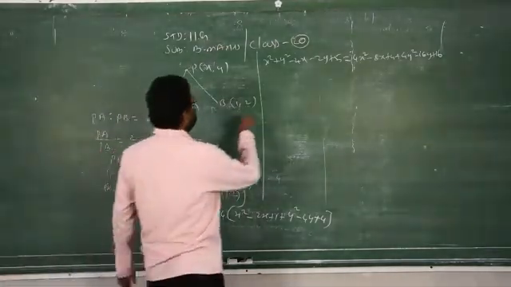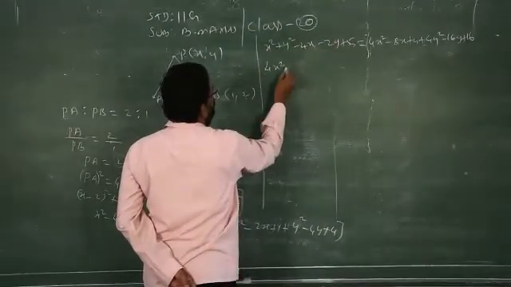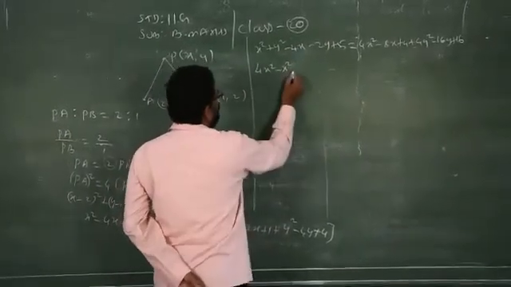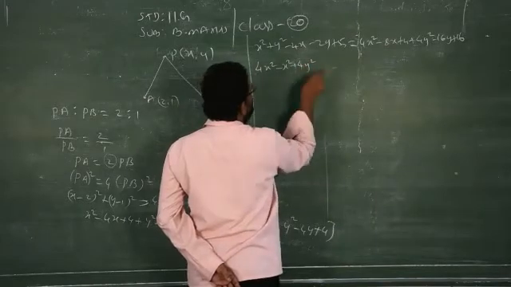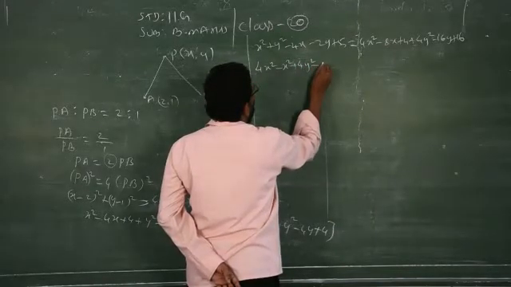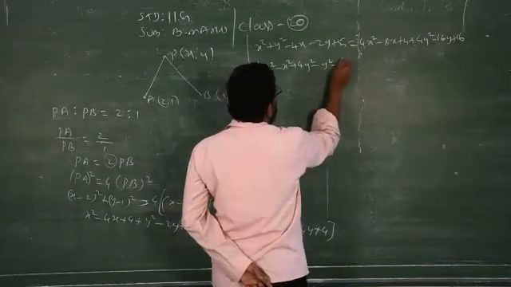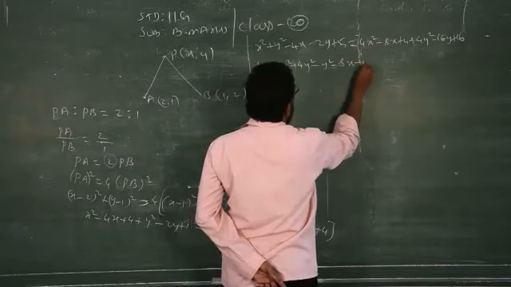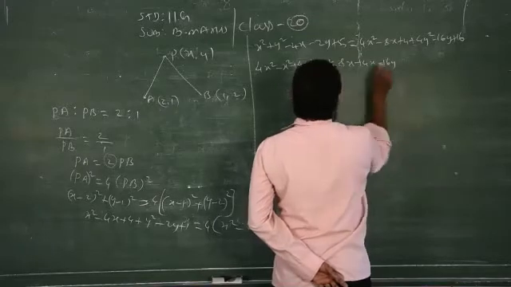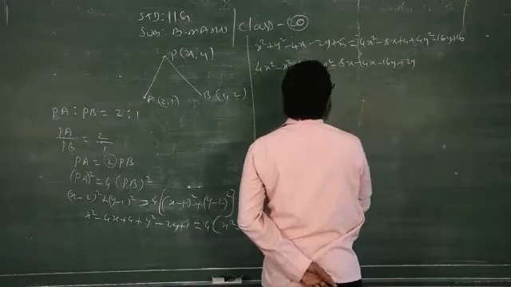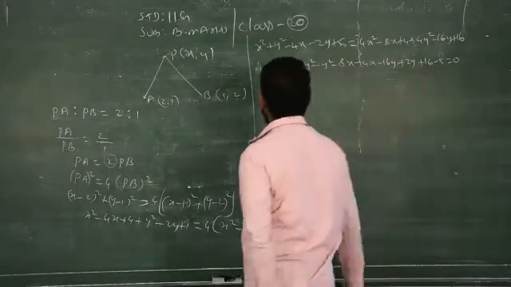Then you have to group the terms. I am transferring this to the right side: 4x square minus x square. While I am transferring the terms, transfer the terms in order. This will become minus 8x plus 4x, minus 16y plus 2y, plus 16 minus 5 is equal to 0.